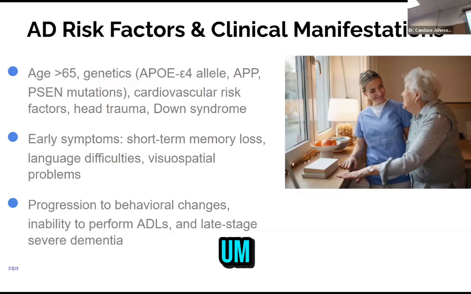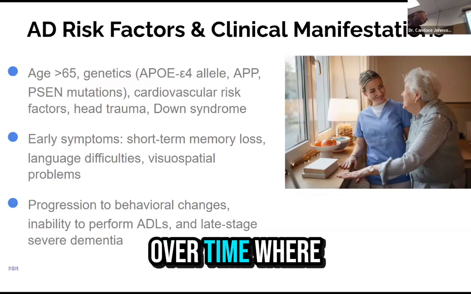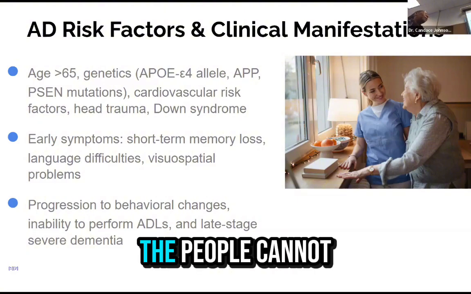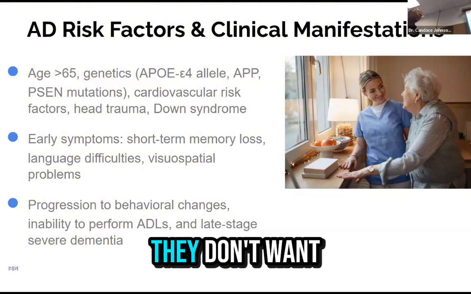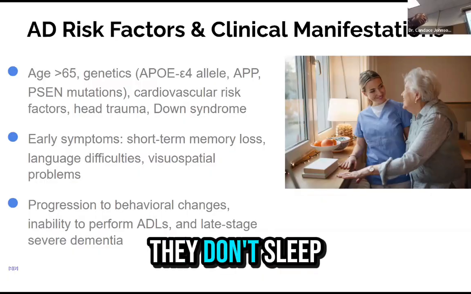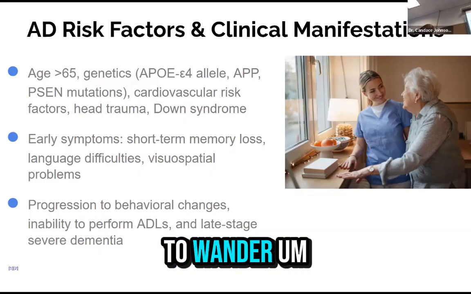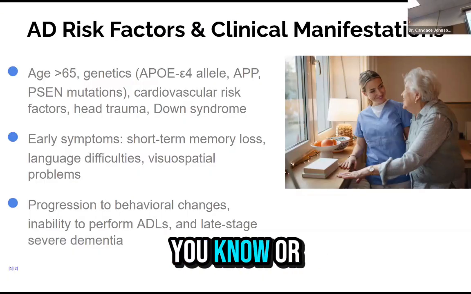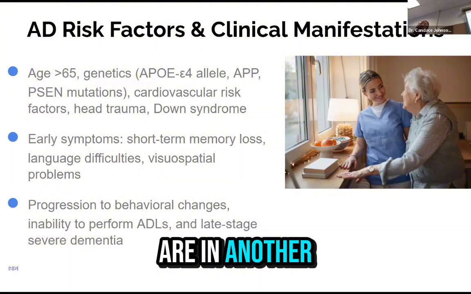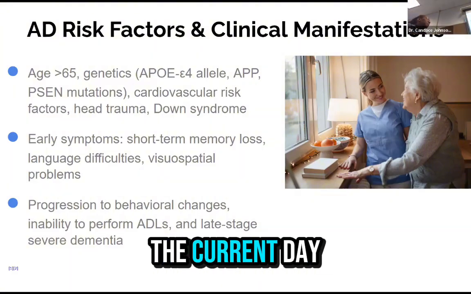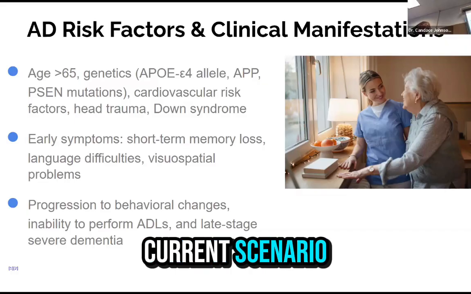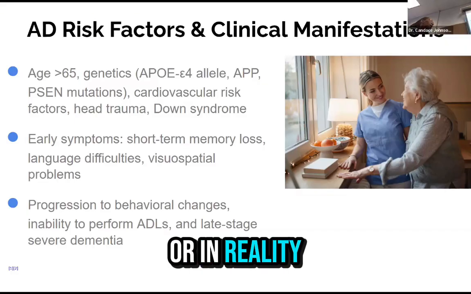All right. And then behavioral changes happen over time where the people cannot perform their own ADLs. They don't remember to eat. They don't want to eat. They don't sleep, or they begin to wander, or they begin to feel that they are in another time. They don't believe that they are in the current day or in reality.